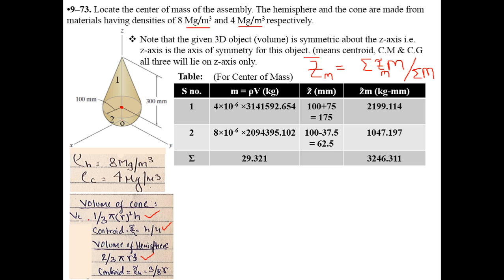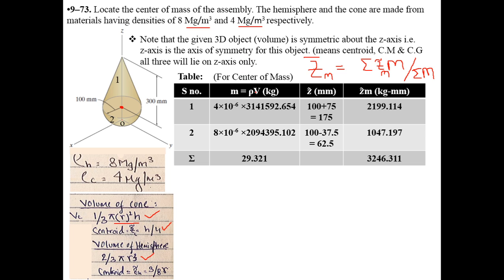The volume of the cone can be calculated using the formula 1/3 pi r square h, where r is the radius of the cone, which is 100 millimeters, and the height of the cone is 300 millimeters. You put all these values here and you get 3141592.654 millimeter cube.